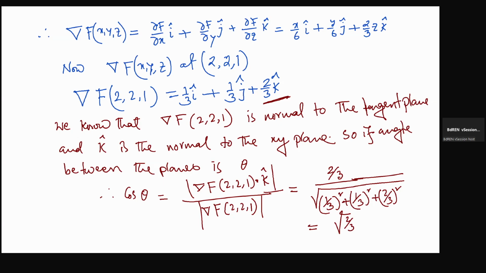So that's why theta will be cos inverse of the square root of 2 divided by 3, root 2 divided by root 3. Do you know what is the angle of cos root 2 by 3?